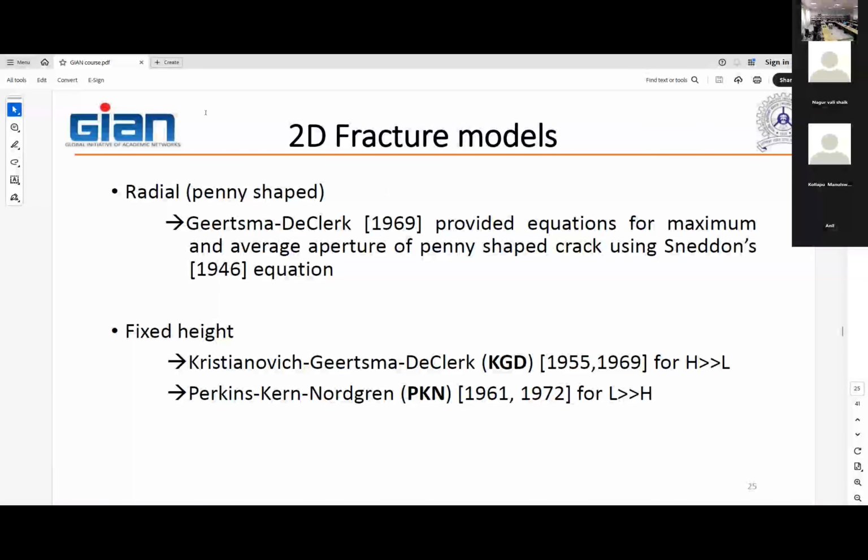Just a second. What do you see on my screen? Do you see the PDF, or what do you see?